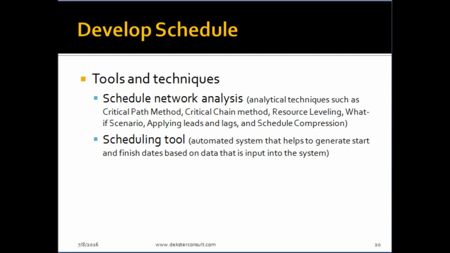Then if we could have any other form of a scheduling tool, which could be an automated system that could help us to generate start and finish dates based on data that is input to the system. That tool will eliminate much of the manual work that we will need to do if we were to use the other analytical techniques mentioned earlier.